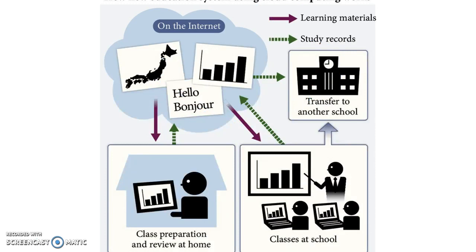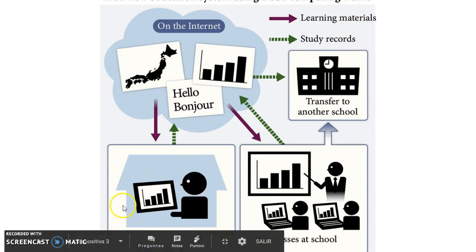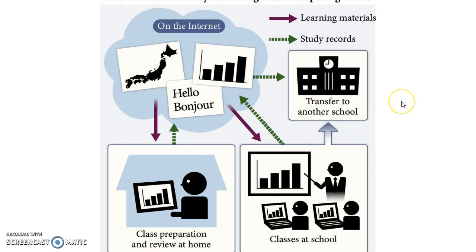So how does a new education system using cloud computing work? On the internet, we can find learning materials, so many resources, student records, and also if we have to prepare a class, as you can see here, we can review it at home, and then we can assign our students so many tasks that they can develop at home.